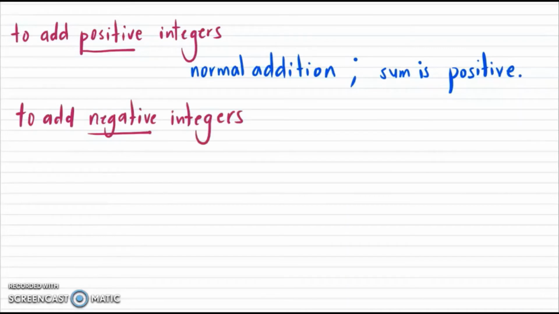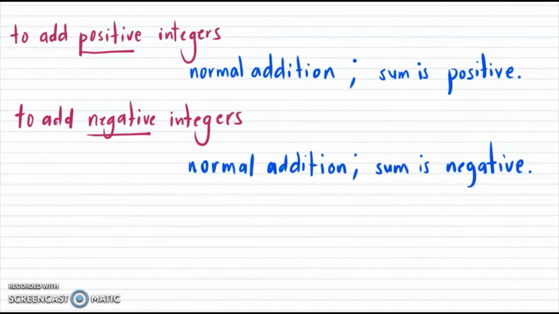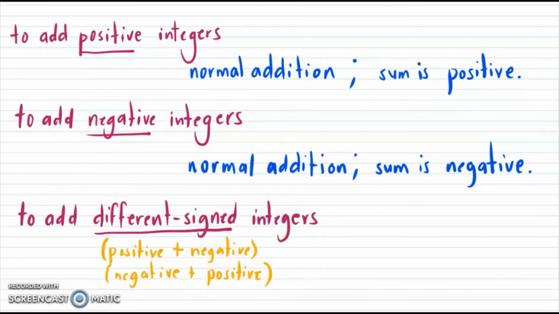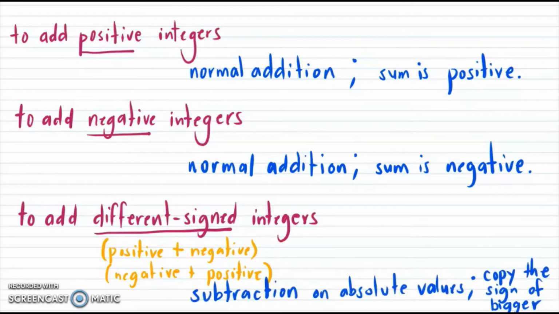We will also just do normal addition and the sum this time is negative. And lastly, how do we add different sign integers? Yes, we apply subtraction on the absolute values and then copy the sign of the bigger absolute value. All of these could help us do subtraction of integers easily.